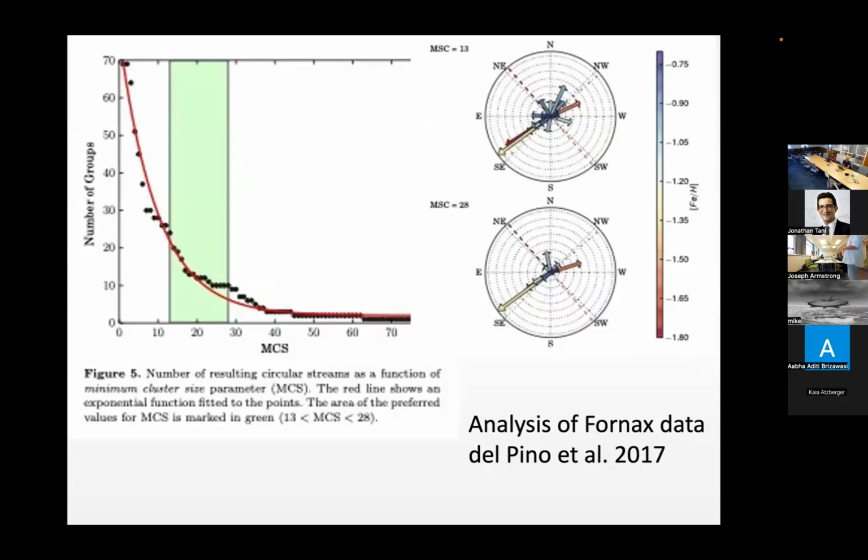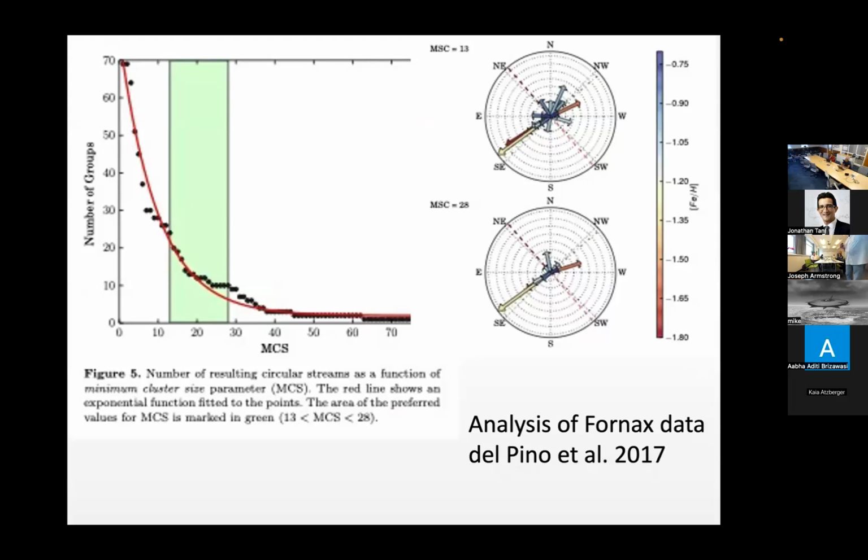So this is from a paper of Del Pino from 2017, and they wanted to find rotation. They designed beacon to find rotation in the Fornax data. And Fornax is the one which has more than 2,000 radial velocities.